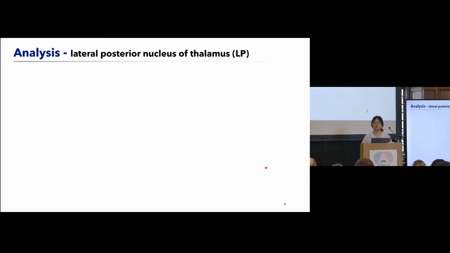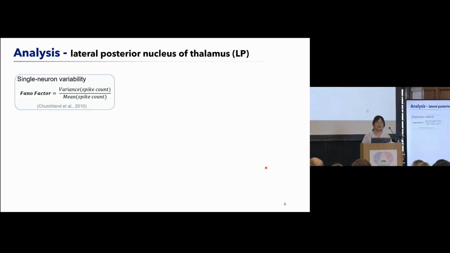Then we will take one brain region as an example to illustrate the data analysis. We used the Fano factor to capture the single neural variability in the current analysis. The Fano factor is defined as the spike count variance over trials divided by the spike count mean.